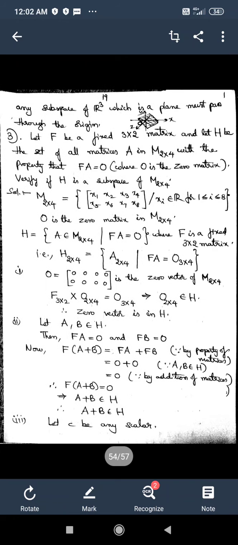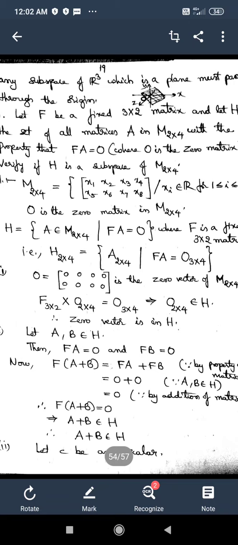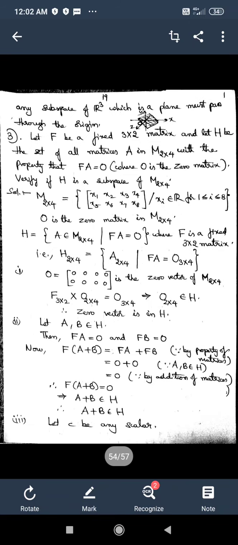And make a note that any subspace of R3 which is a plane must pass through the origin. If we consider any subset of R3, if it doesn't pass through the origin, then we can say that the 0 vector will not be in that subset, and hence it cannot be a subspace of R3.